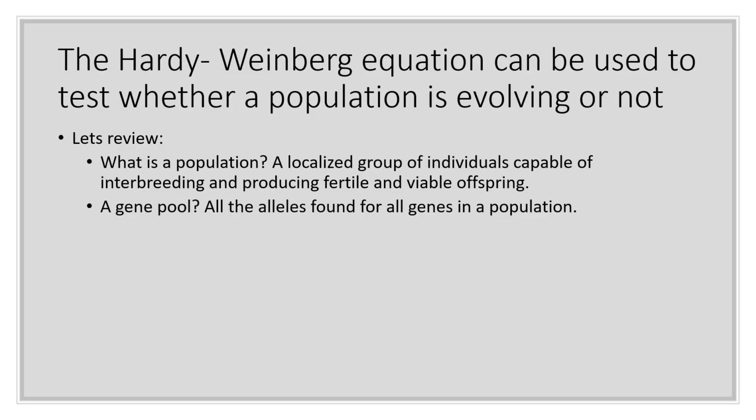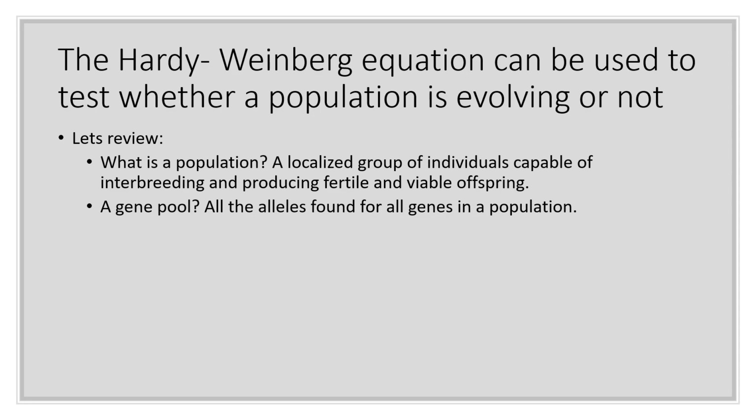The first thing: the Hardy-Weinberg equilibrium can be used to test whether a population is evolving or not. With this principle, we can ask, is the population we are observing evolving or not? If it is evolving, then we would say it's not following Hardy-Weinberg equilibrium.